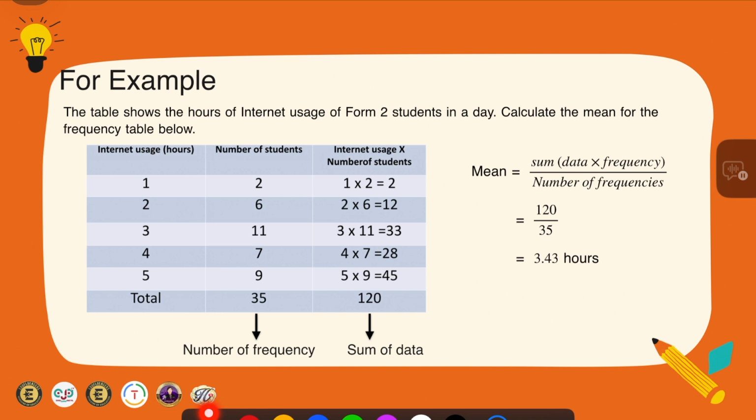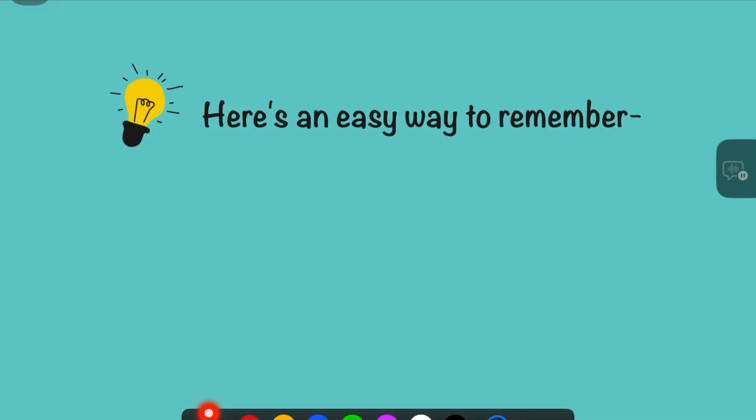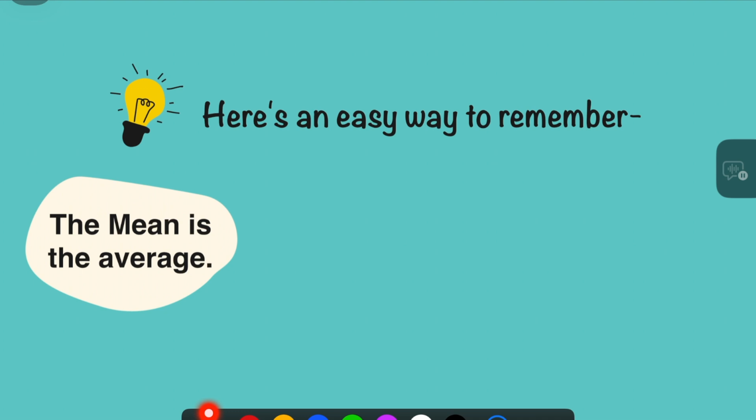Simple, right? Okay, so I hope all of you can recall from the first part, I explained how we determine the mode, followed by the median, and the last one, which is the mean. For the mean and median, we have two different formulas. So here is an easy way for you to remember.